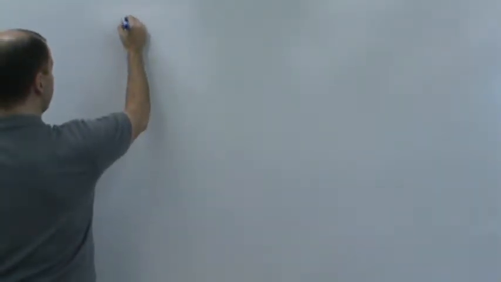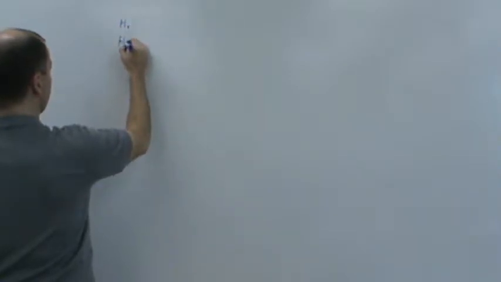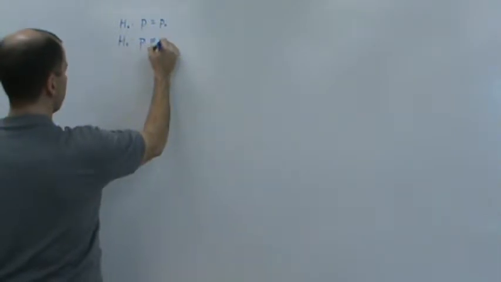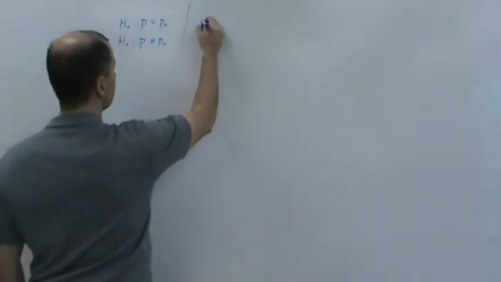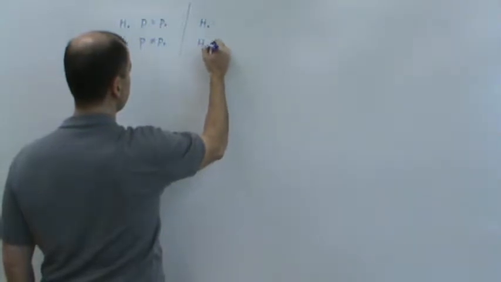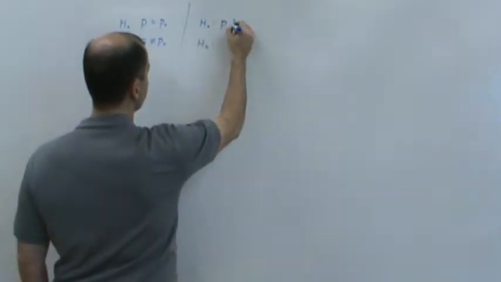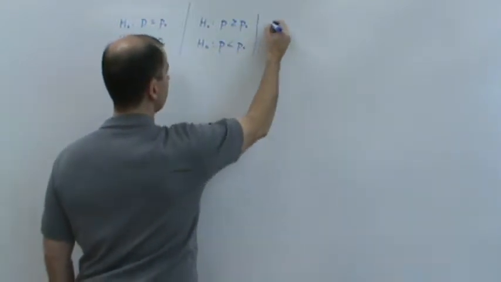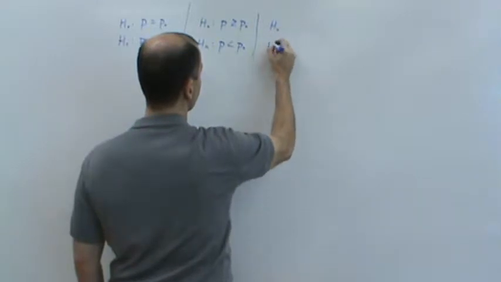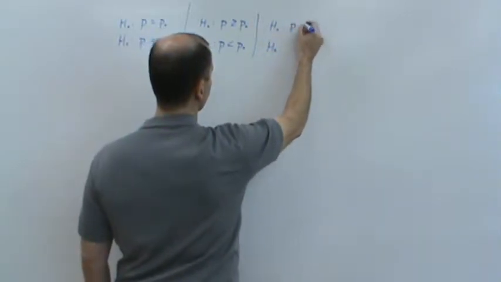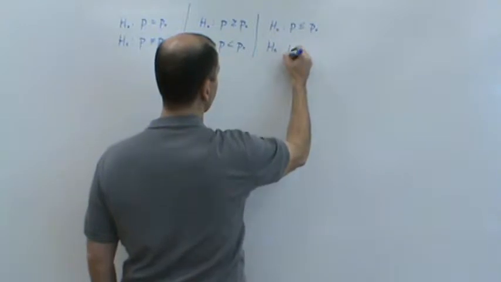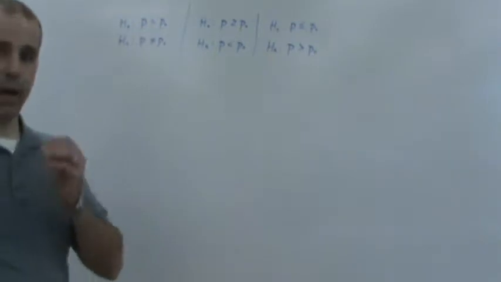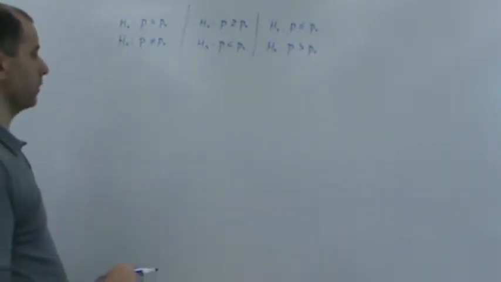So again, our different hypotheses will look like one of these. And so those are the three sets of hypotheses that we're going to consider, okay?